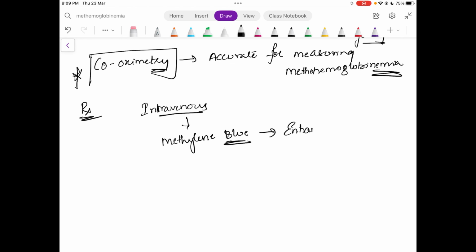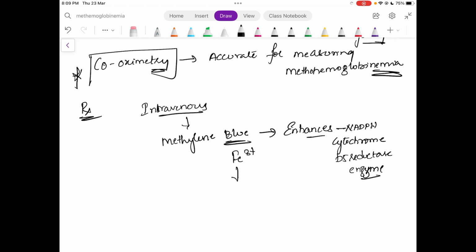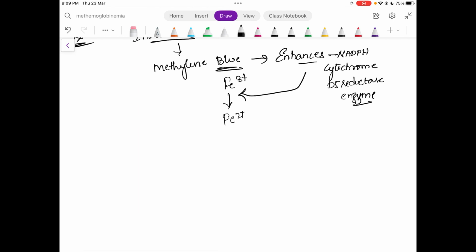What this methylene blue will do, it enhances NADPH cytochrome B5 reductase enzyme and causes conversion of Fe3+ to Fe2+.